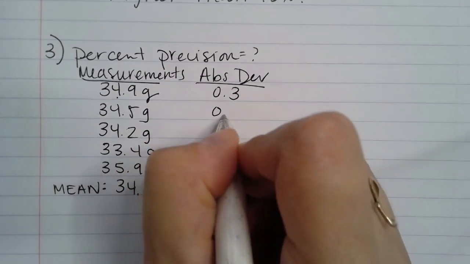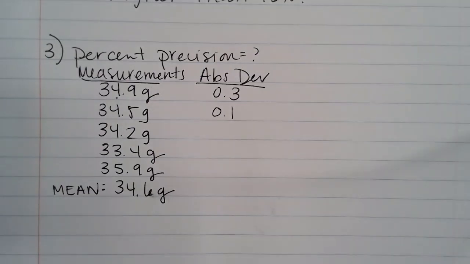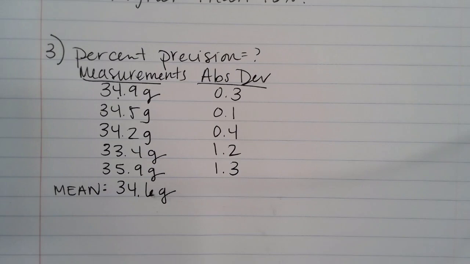So if it's negative, make it positive. Let's try the rest of those, going down. And you should get each of those absolute deviations from each measurement.